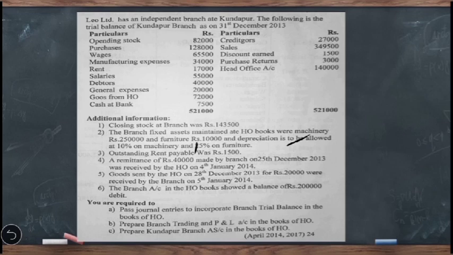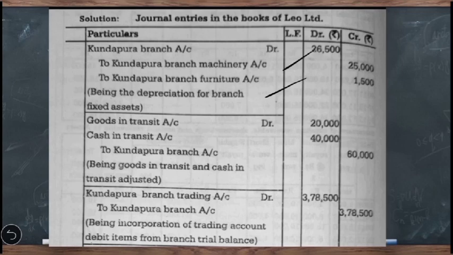Now what is the entry we have to pass for adjustment? The entry will be Kundapur branch account debit to Kundapur branch machinery account, then to Kundapur branch furniture account. I will show you the entry. So this is the entry.